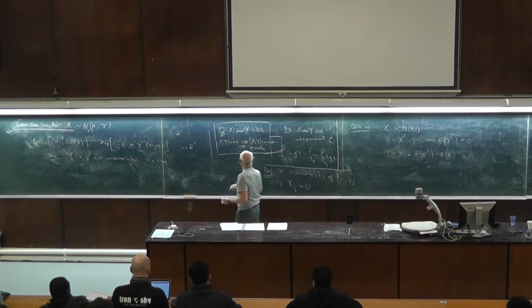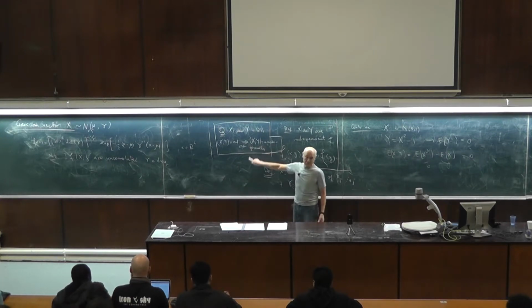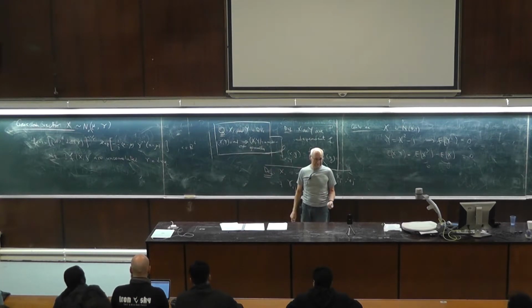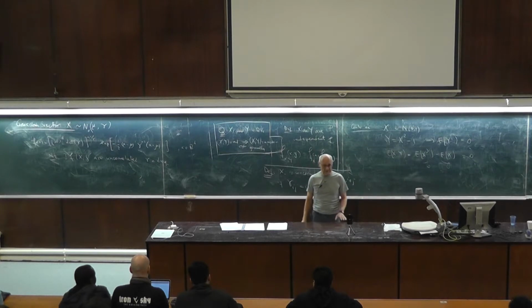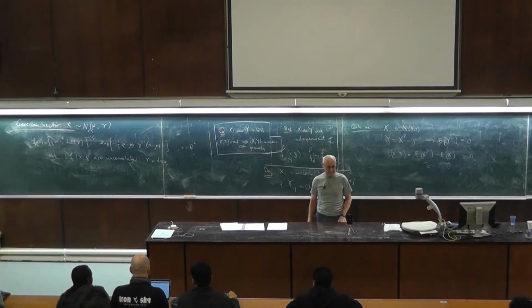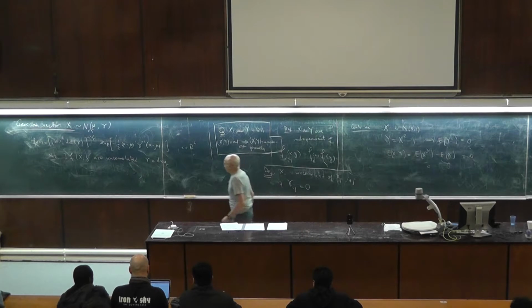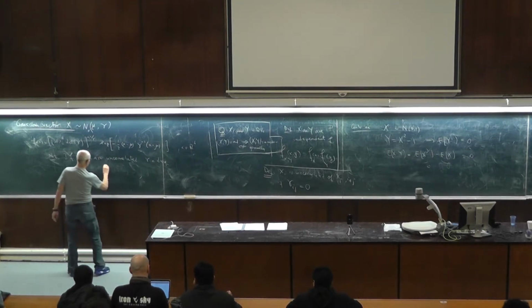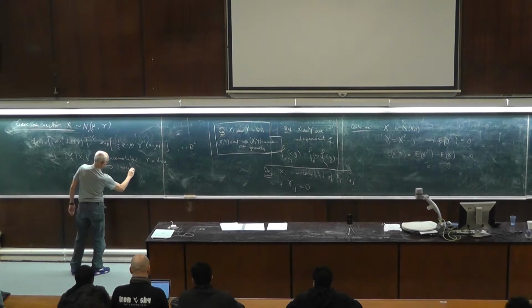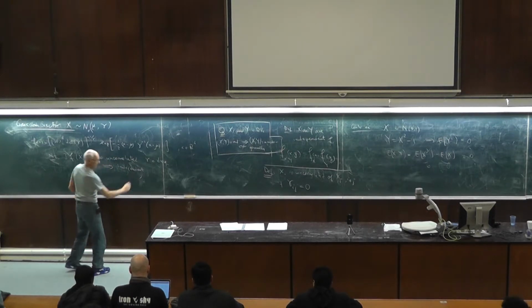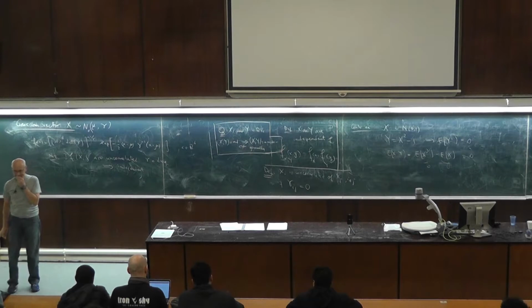When I wrote here, I said generally, because it's a major exception. It's a Gauss, and there are some other distributions which have these properties. So if they are uncorrelated, then they are independent. Okay.